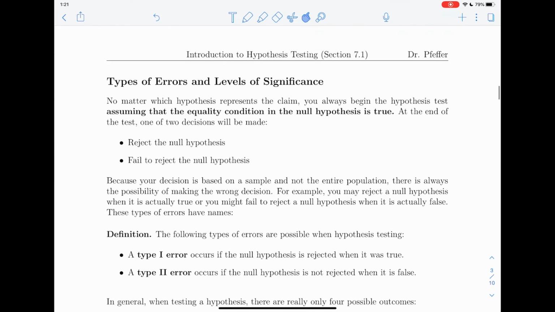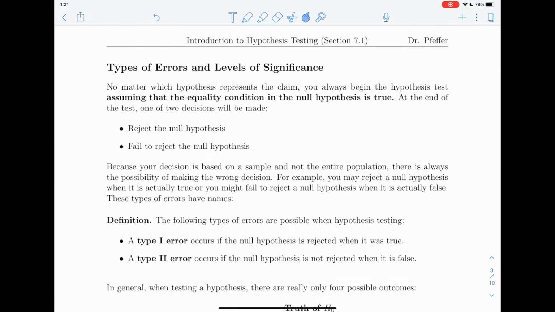To do that, we need to talk about types of errors and levels of significance. Now, I mentioned this before, but no matter which hypothesis is representing the claim, and this is really important but admittedly a little difficult to wrap your head around at first, you always have to start by assuming that the equality condition in the null hypothesis is true.